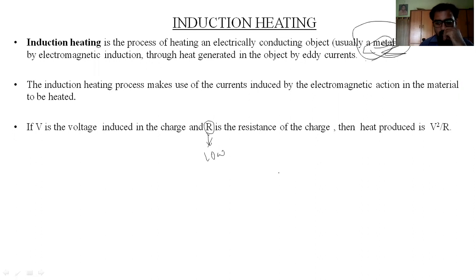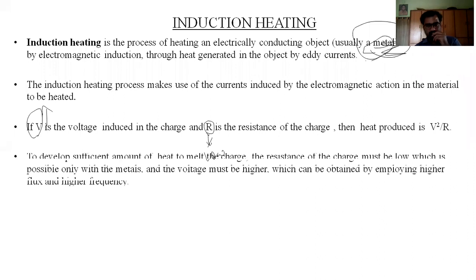To maintain the voltage at a higher level for the melting process, we apply higher flux and higher frequency. That is the thing I have written here. Check it out.